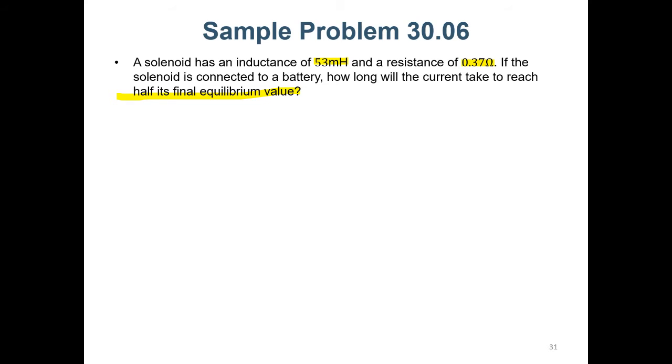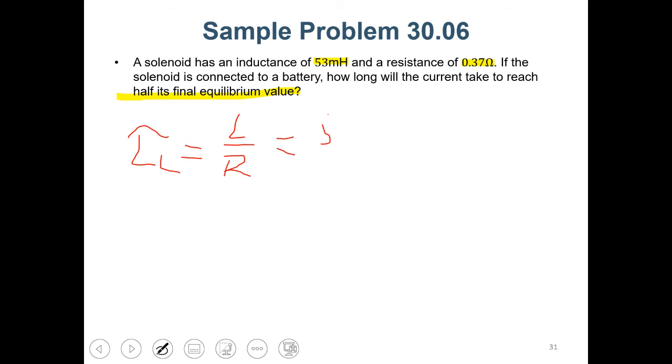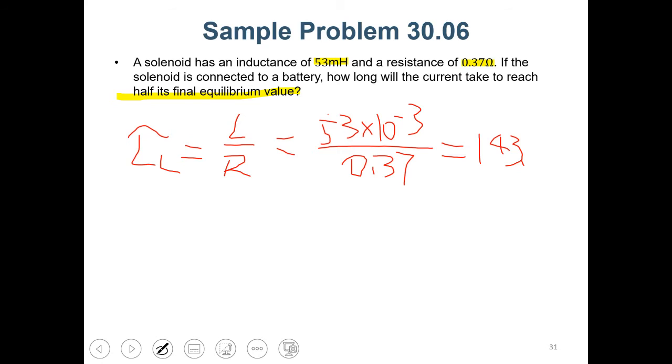For this one, we should know that tau L, which is L over R, is the time constant for an inductor, which is 53 times 10 to minus 3, over 0.37, which is 143.2 millisecond.